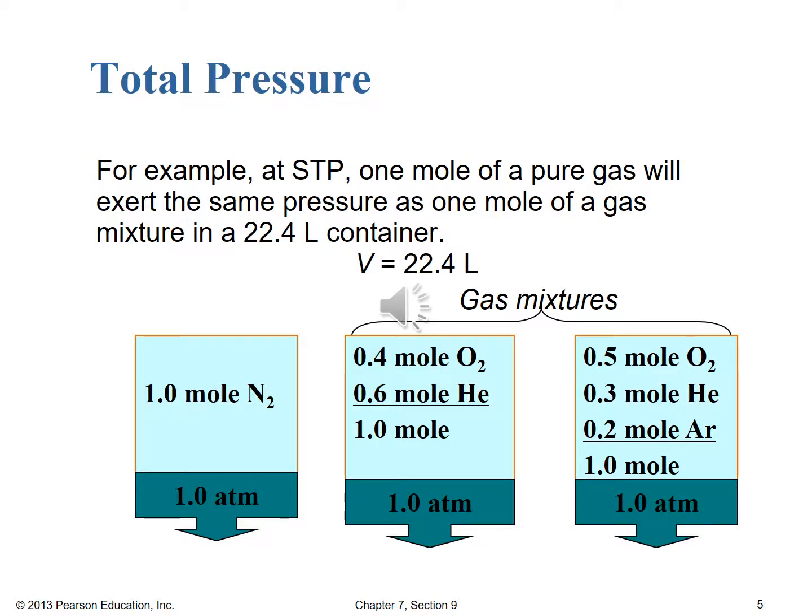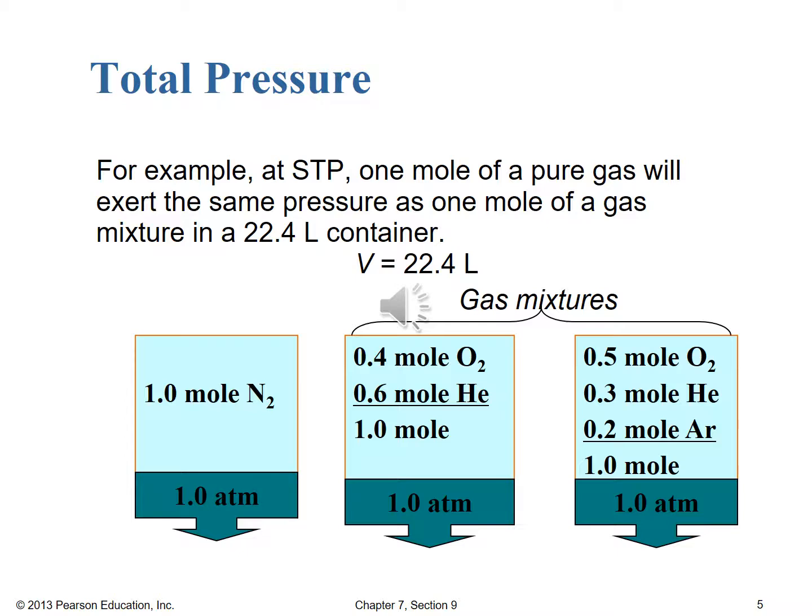Now, if we think back to our molar volume, if we have STP, standard temperature and pressure conditions, 1 mole of a pure gas will exert the same pressure as 1 mole of a gas mixture in a 22.4 liter container, right? That's the volume of 1 mole of a gas.